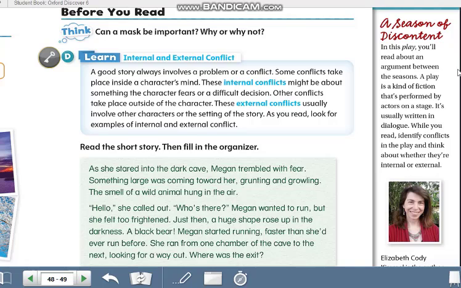While you read, identify conflicts in this play and think about whether they are internal or external. After this video, you will watch the text, then you will listen to the text and read along, then you will read on your own. So let's go to the next page.